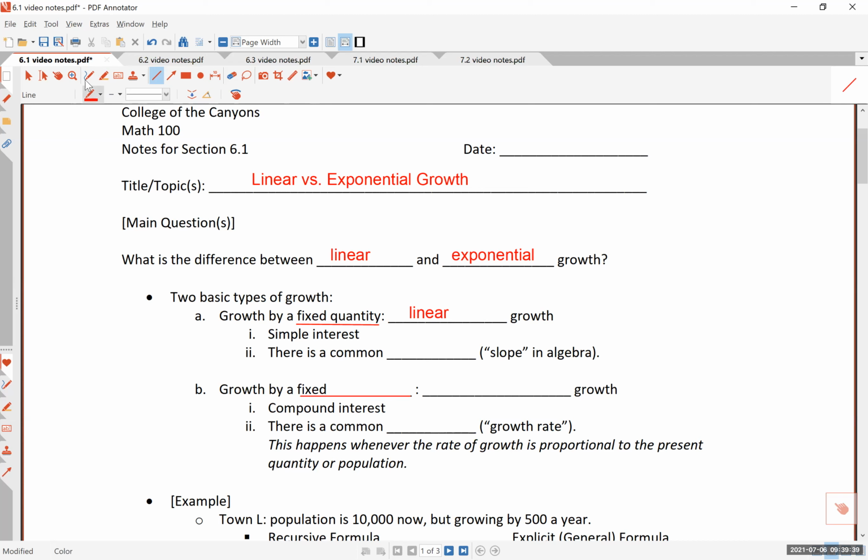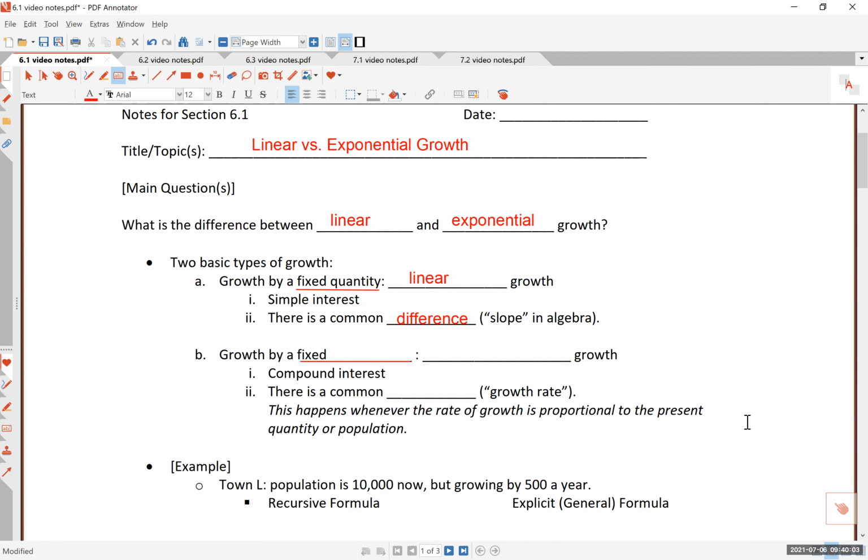Okay. So that is not quantity here, but anytime you have linear growth, we call the growth a fixed quantity growth. All right. And so an example is simple interest. And there is a common difference between two consecutive terms of such growth.